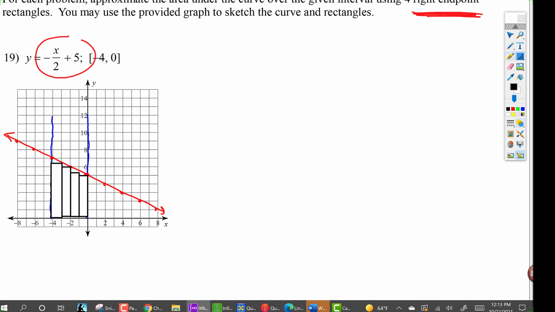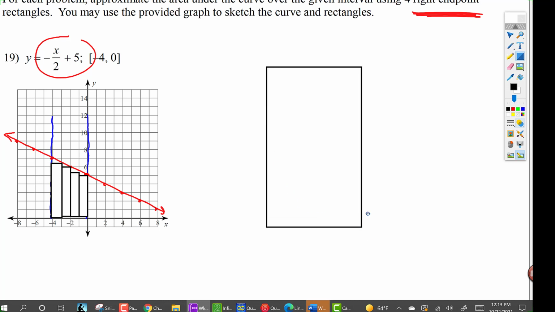Okay, if you do your table of values, that's just a really good way to organize the information. Each of those widths are 1. And now it's -4, -3, -2, -1, and 0.